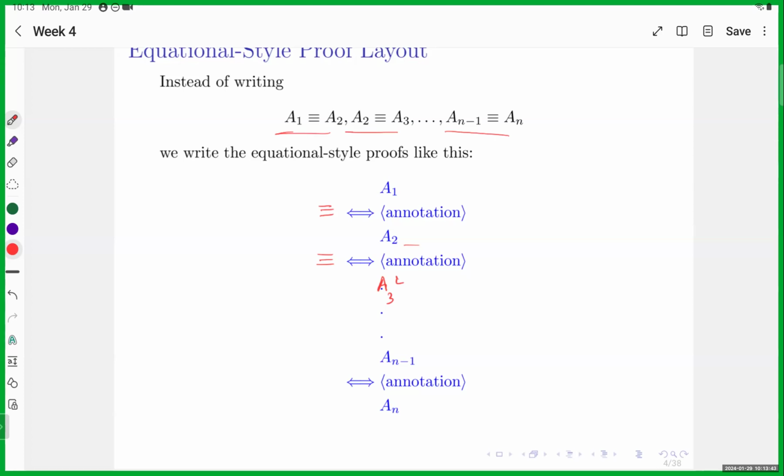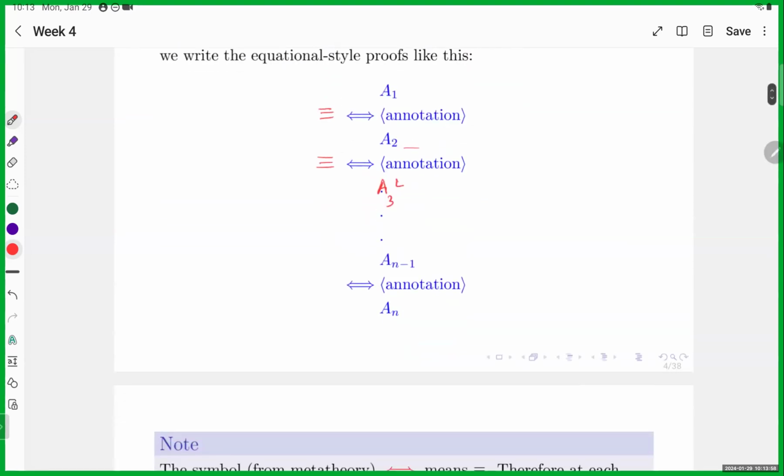But sometimes you prove equivalences using what you already proved, or write an axiom, or just get it from a rule of inference like Leibniz or equanimity, and so on. And then we finally write A(N minus 1) is equivalent to AN, and we annotate why.